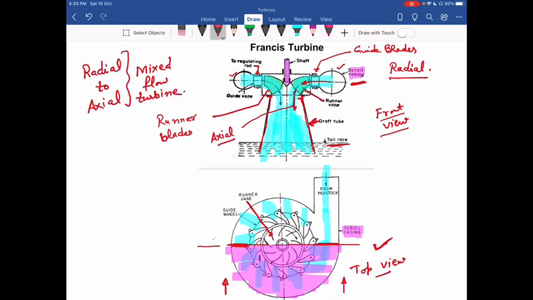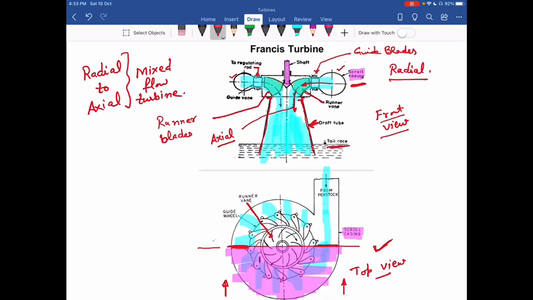Okay. So if I talk about more characteristics of the Francis turbine, this turbine is the mixed flow turbine in which water enters at the circumference of the runner and travels towards the axis of the runner. Okay. And finally, it comes out axially along the shaft. Okay. So this is one characteristic. Now, this turbine operates under medium heads.